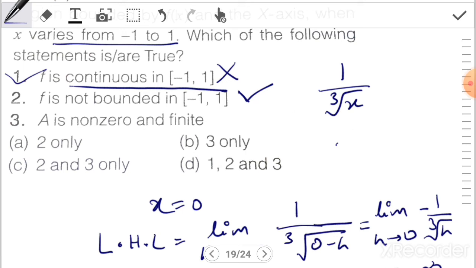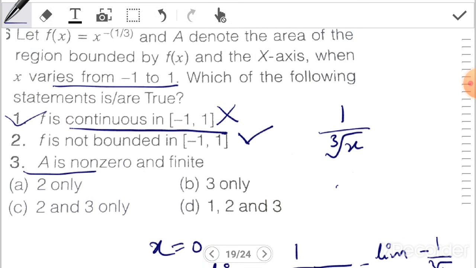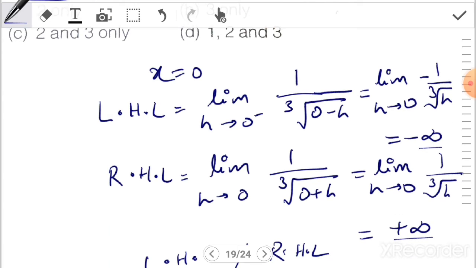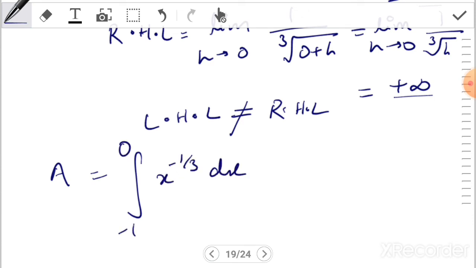So for that, you have to check the area. For area, let us find the integration. Area is equal to the integral from minus 1 to 0 of x raised to the power minus 1 by 3 dx, plus the integral from 0 to 1 of x raised to the power minus 1 by 3 dx.